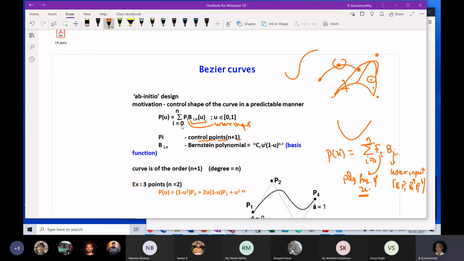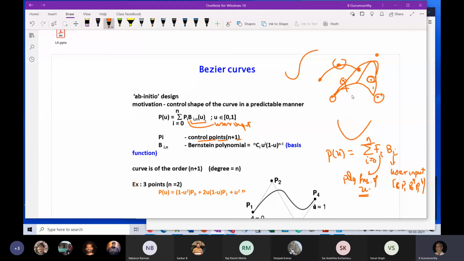Because your index is running from 0 to n, there are n plus 1 control points. So in this example instance, before I moved it, I had 1, 2, 3, and 4 points, right? And therefore, this is a cubic curve that I get in this formulation.